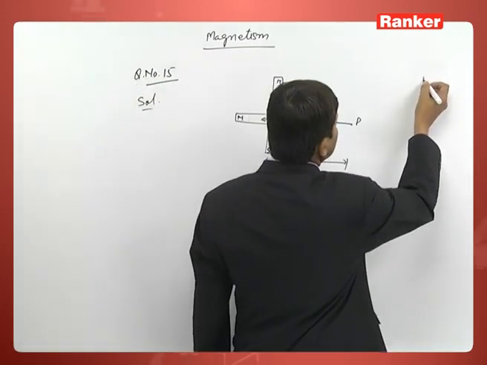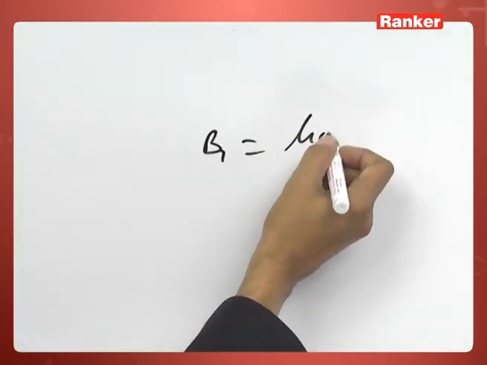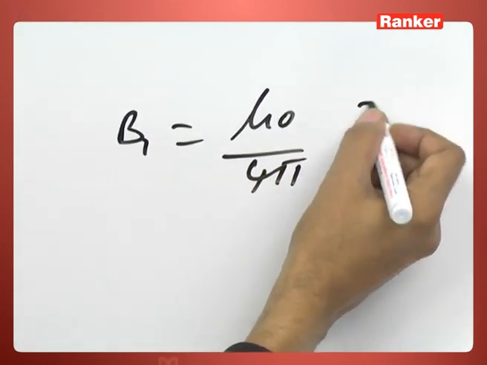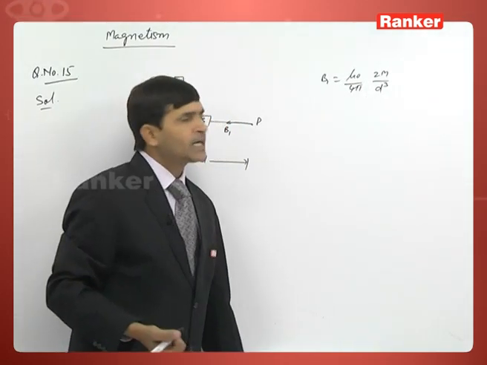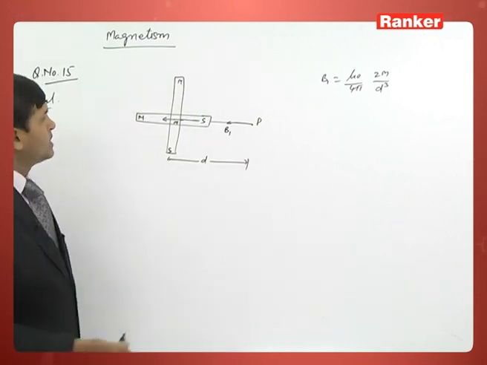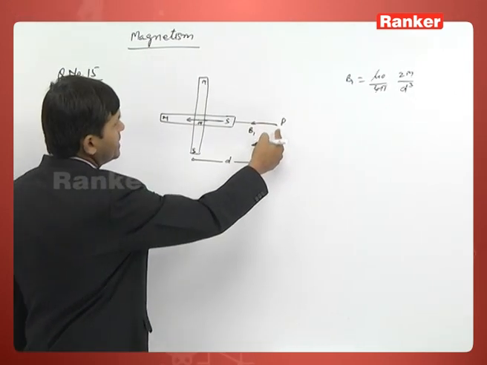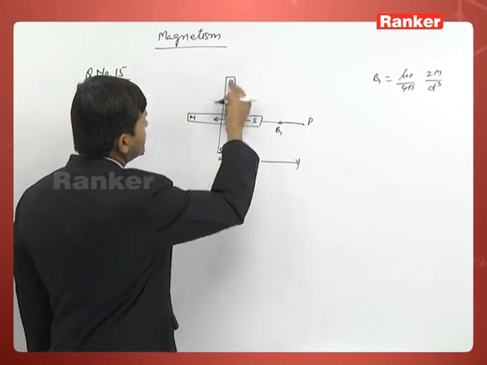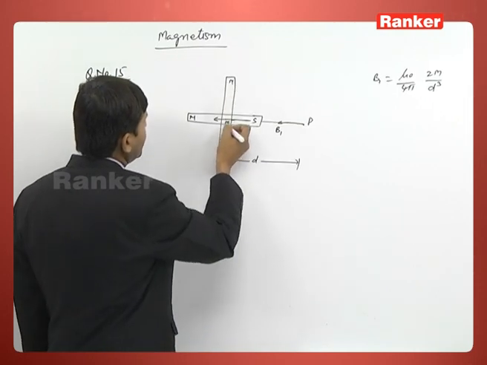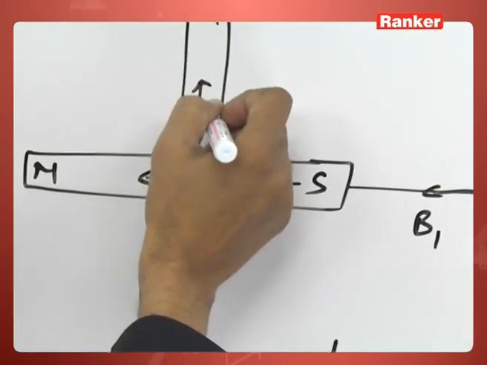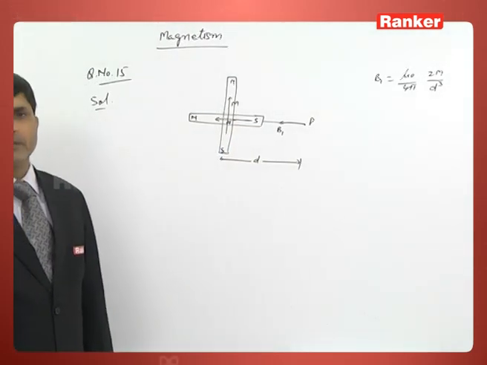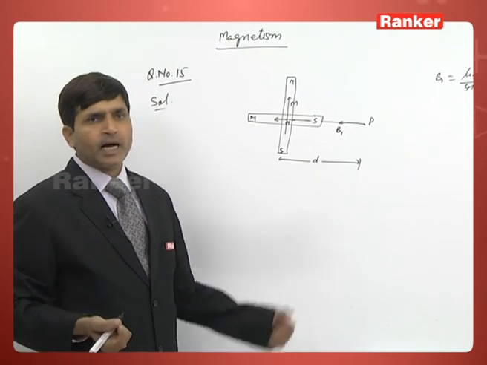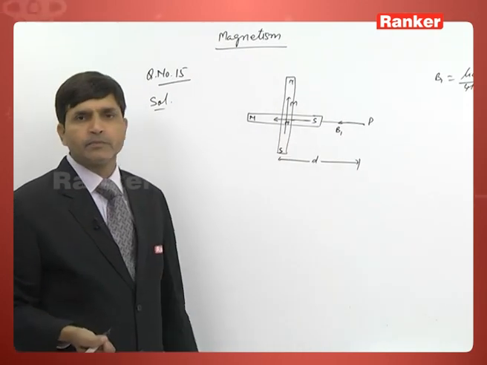So B1 value is given as mu naught by 4 pi 2m by d cube on the axial point. The same point P is equatorial for this magnet. This is the magnetic moment direction for this magnet. As we know, on the equatorial point, the magnetic field is opposite to the direction of magnetic moment.